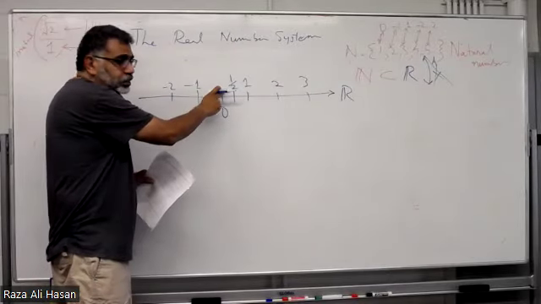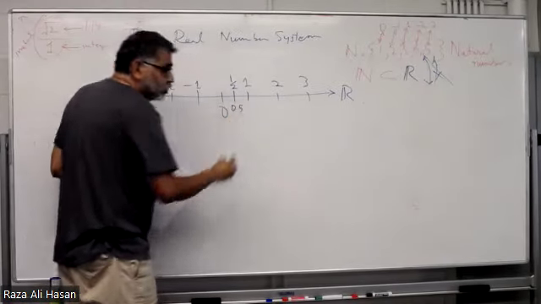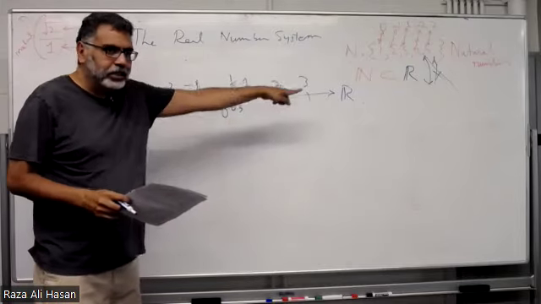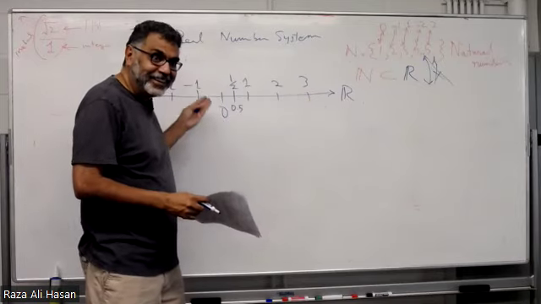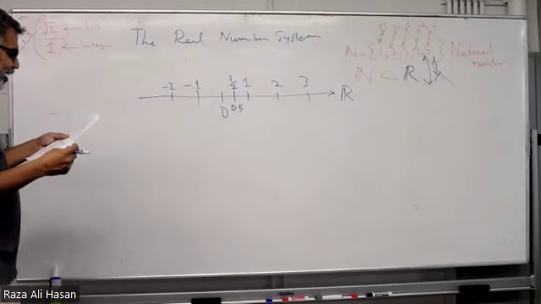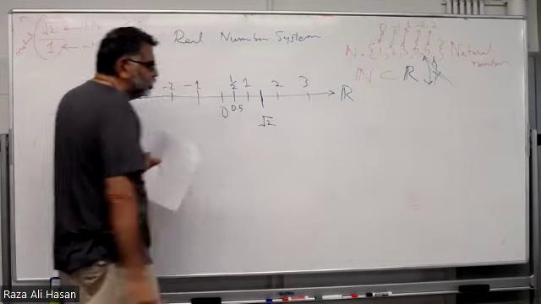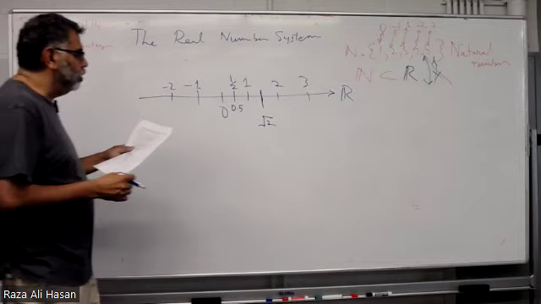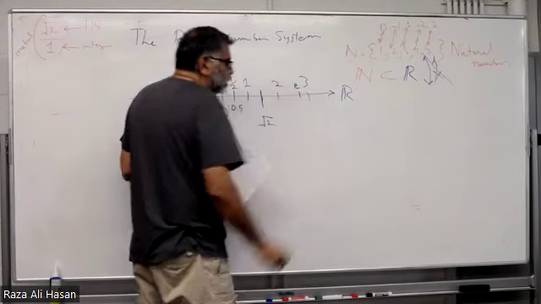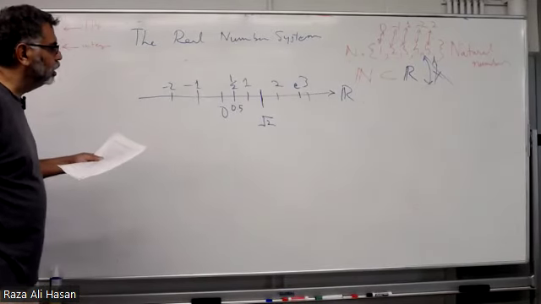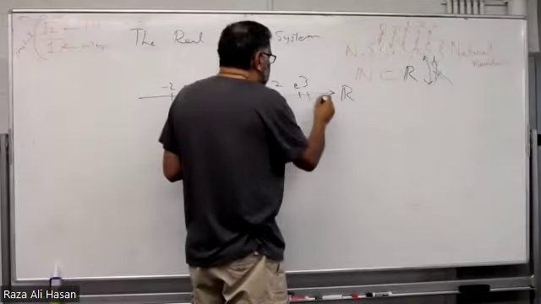Then I put a rational number represented as a fraction. This rational number is also a real number. Every number here is a real number because it's the real number line. And this is the square root of 2 right there. e is 2.7 something, I always forget. So Euler's number is right here. And pi is 3.14 something, and that goes right here.